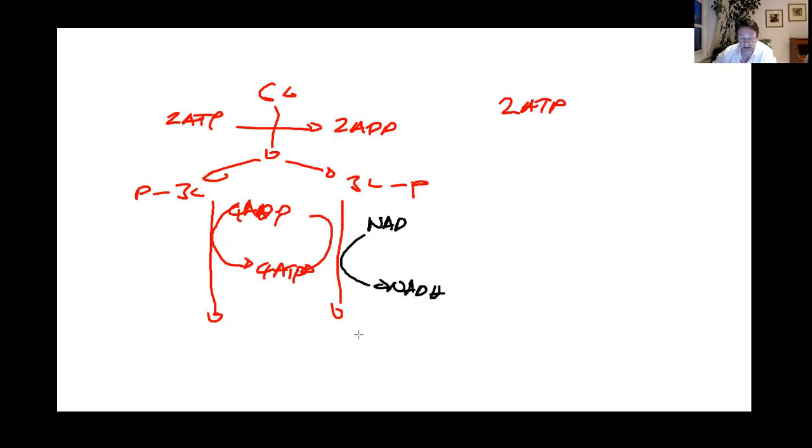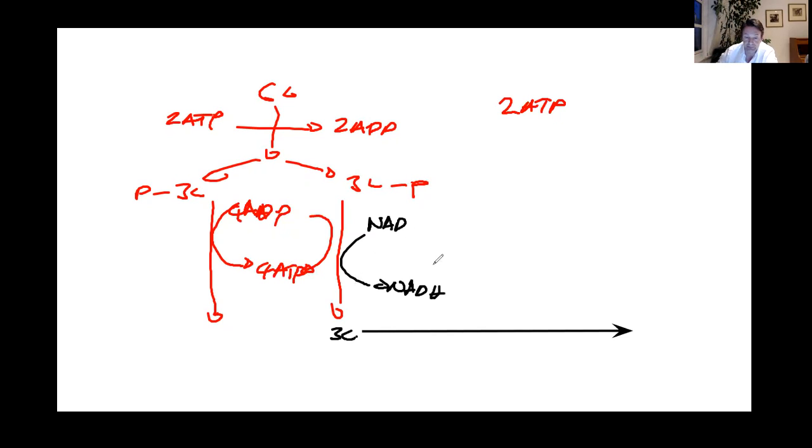But under situations where your expenditure of ATP exceeds your ability to make that ATP through oxidative phosphorylation, so you can't get enough oxygen into your mitochondria, so you're sprinting for a bus or you're running away from a tiger, either of those things, the only way you can continue to make ATP in excess of your ability to make it aerobically is to make it anaerobically.